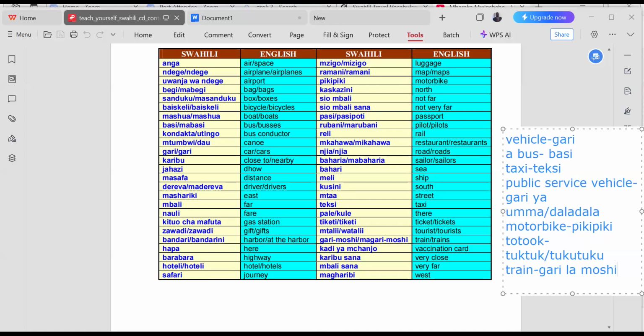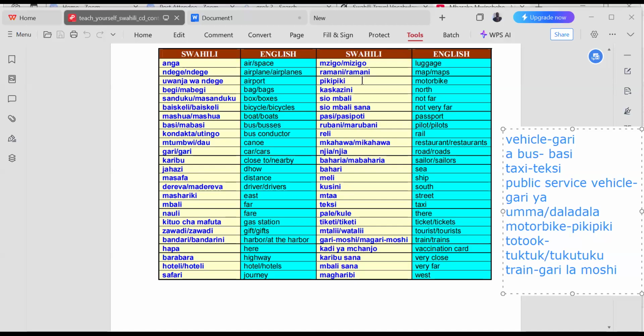There's electric train, and then the one is... Glenn around? Elder Glenn? Yeah, I keep dropping out. Are you talking about the steam engine? Yeah, steam engine, I think that's what I wanted. The one that gets smoke. So we call it gari la moshi. Steam engine. Yeah, that's the train.